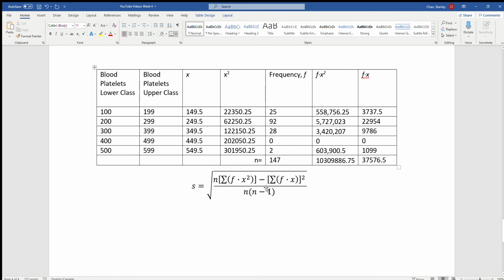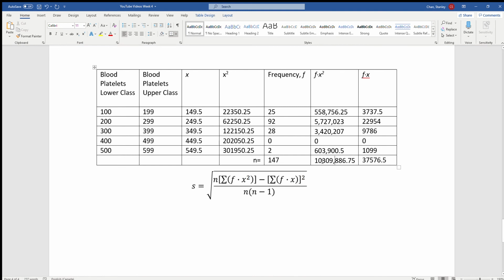Alright, so now what we can do is substitute all our values that we have found into the equation. So I'm going to put commas in here so I can see the actual order of magnitude.